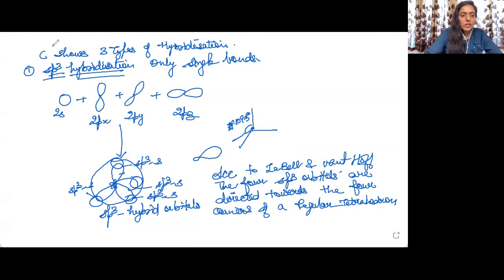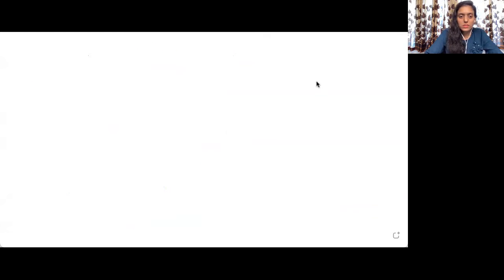So I can draw it again so that you can clearly see it. Just clear all the things and let us draw it again. So one orbital, second orbital, third orbital, fourth orbital. The shapes are not that proper, you can draw the proper shapes.